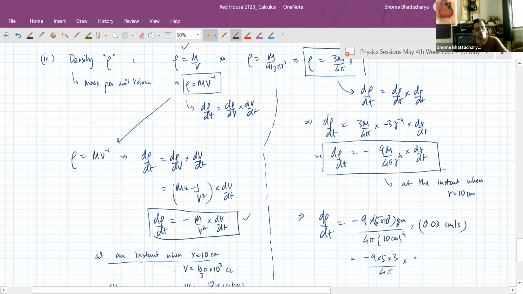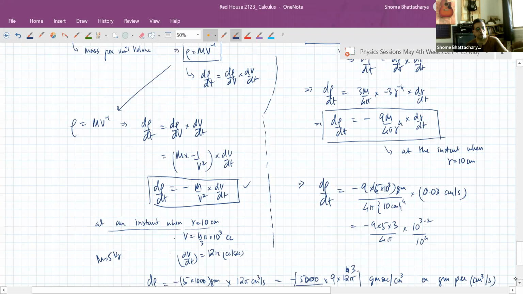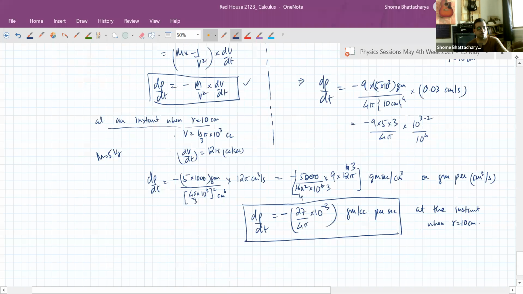Into what power of 10 do we get now? In the numerator, we have 3 minus 2. And in the denominator, we have 4. So that should give us the same thing. Let's see.